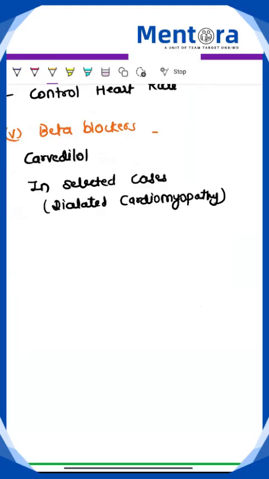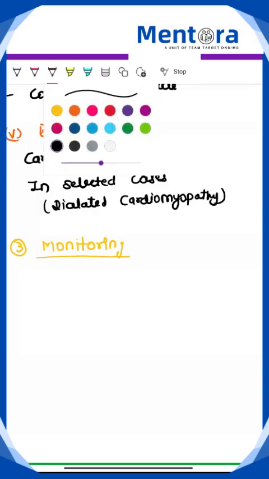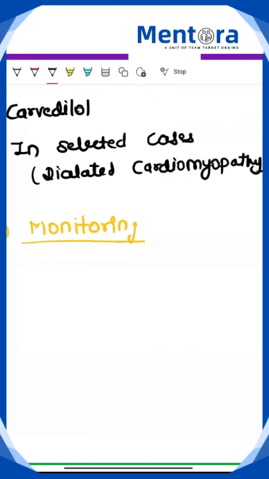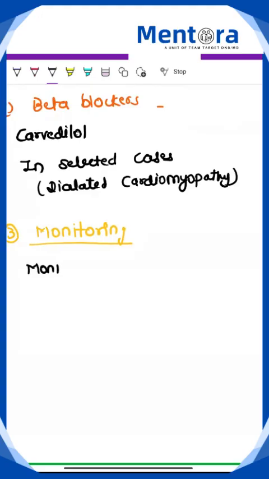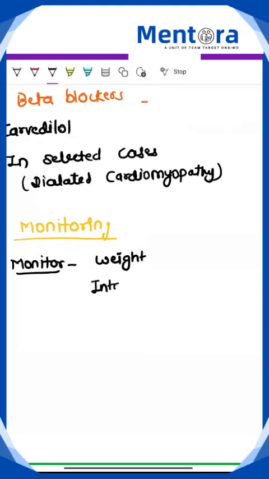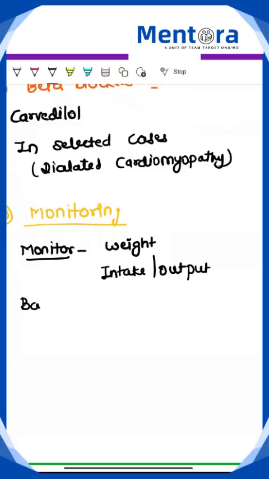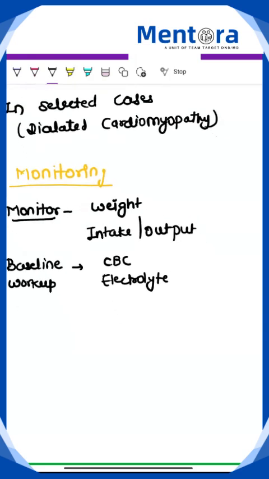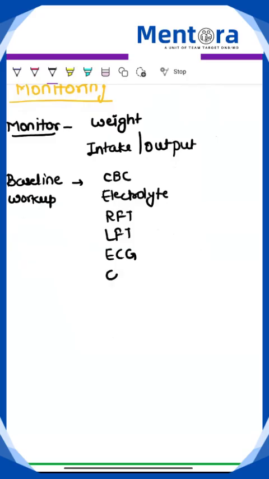The pharmacological management, then the monitoring: monitor weight, intake output, and do some baseline workup like CBC, electrolytes, renal function, liver function, ECG, chest X-ray, and echocardiography.